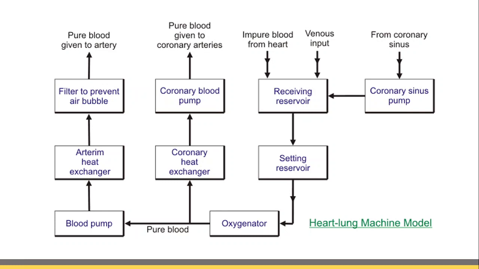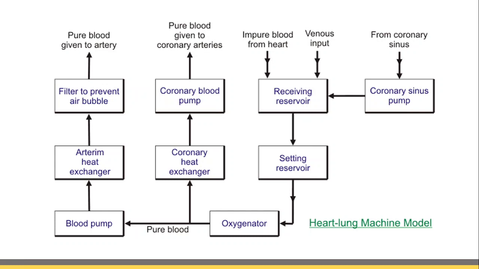Increased operation time may lead to hemolysis, or breakdown of the red blood cells. So we should be careful to operate the machine for the appropriate time. In the heat exchanger, the blood is maintained at body temperature, that is 37 degrees centigrade.